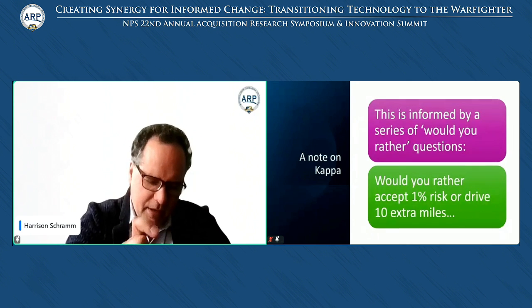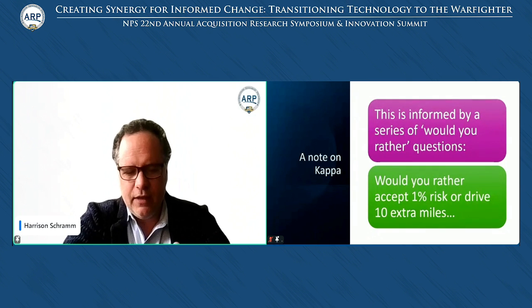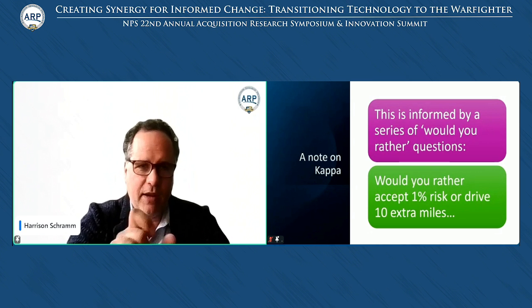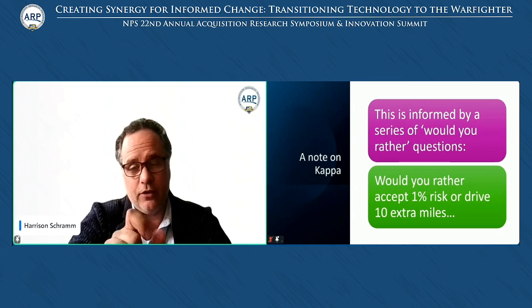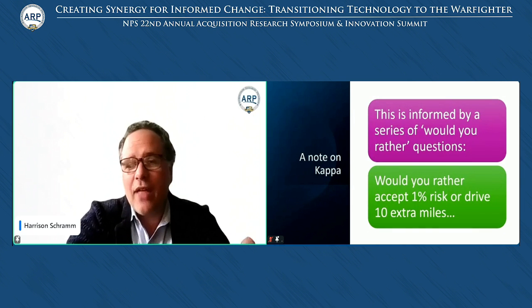There is another parameter in here, kappa, which helps calibrate risk to the decision maker's tolerance. So you get to that parameter by asking a series of would you rather questions.